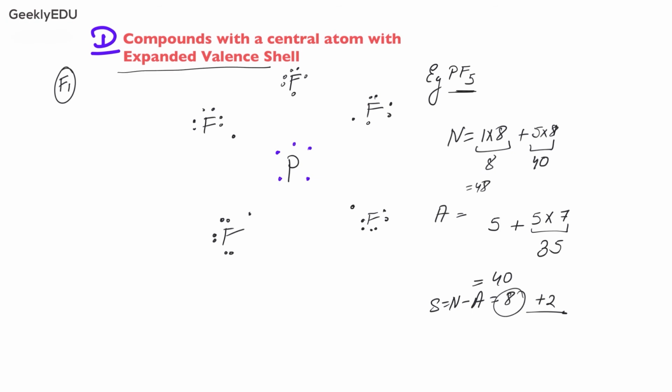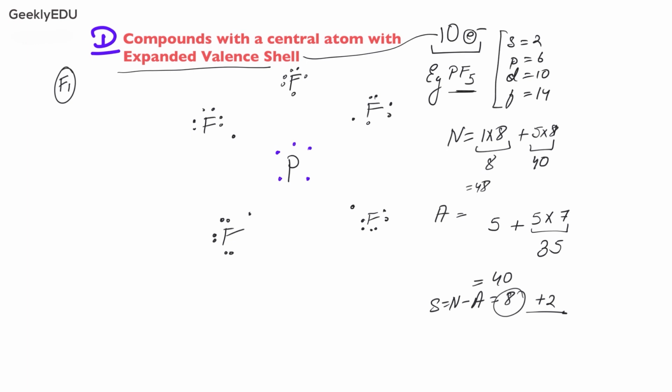So phosphorus, instead of having 8 in its valence shell, needs to hold 10 shared electrons. But why is it even possible? Now, if you remember, S can hold 2, P can hold 6, D can hold 10, F can hold 14.